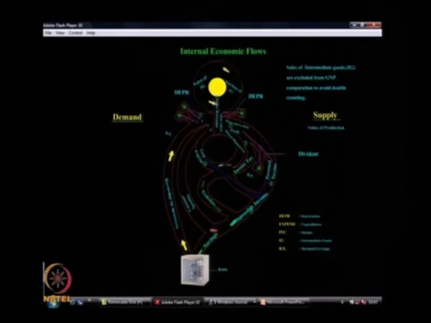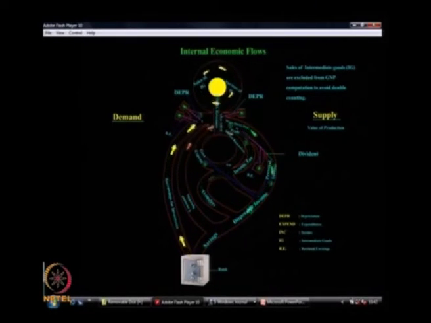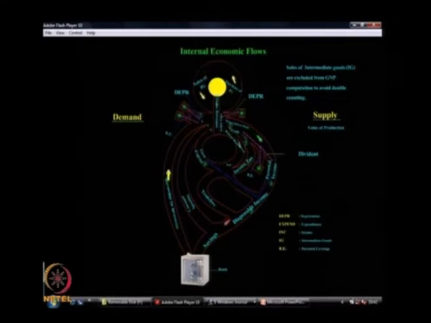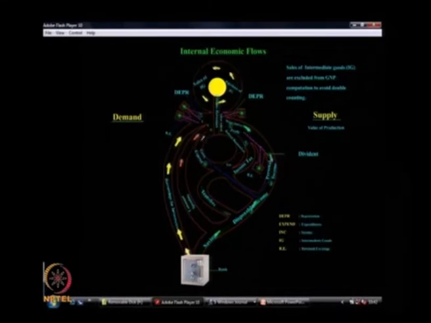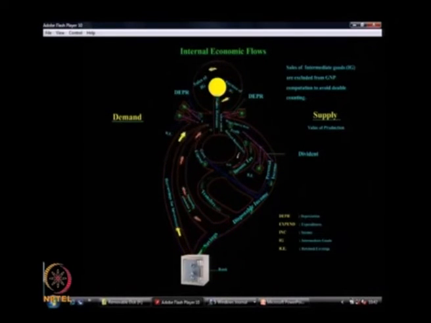Now before that, if you just calculate the total income minus the total value add, the sales revenue minus the value add, it is given in the form of wage, interest, rent, the profit, the depreciation, the indirect business taxes.